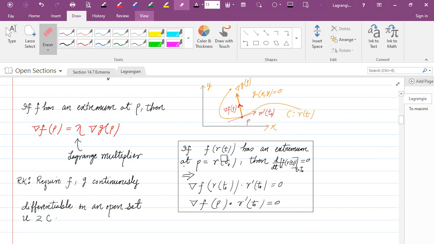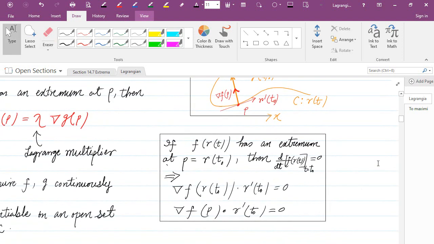If the extremum of f occurs at P, then f of r of t has an extremum at the point P, which, let's say, is equal to r of t naught for some t naught. Because f of r of t is a function of t, if it has an extremum at t naught, then the derivative of f of r of t with respect to t at t naught will be 0.